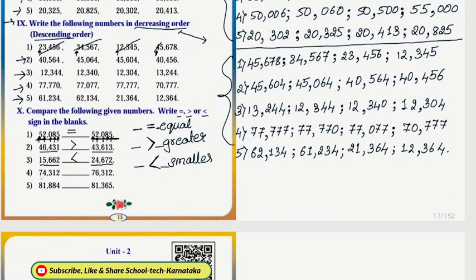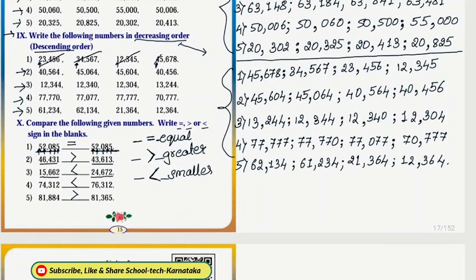The fourth one is 74,312 and 76,312. 74,312 is smaller than 76,312. And 81,884 and 81,365. The number on the left, 81,884, is greater than the number on the right, 81,365. This is how we write the equal to, greater than and smaller than symbol.